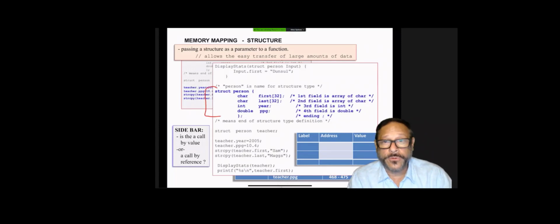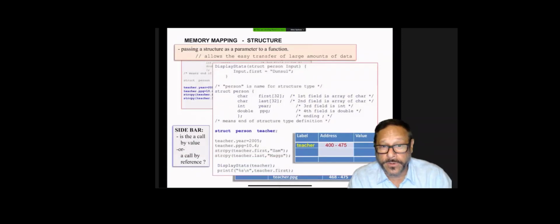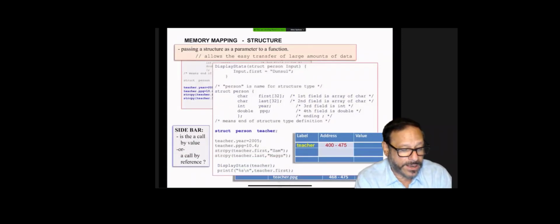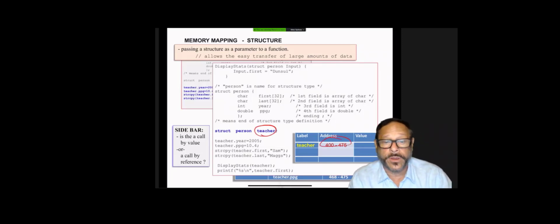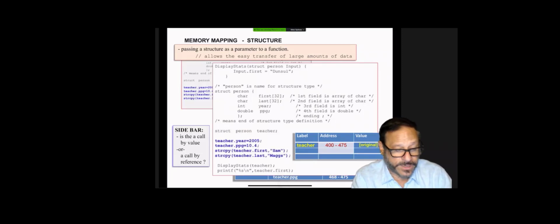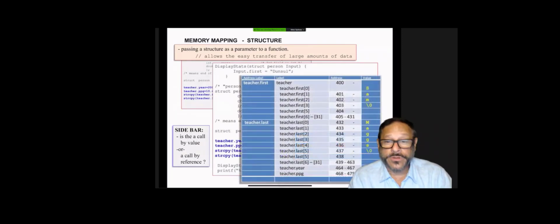Again, all this is doing is putting aside the definition, but it's not actually putting aside space in memory. It comes to this line, and now I'm doing the variable declaration. I'm declaring it teacher, and so it finds the 76 bytes in memory. It populates it with all of this information, and there's our Sam Mags. All of this is at memory location 400 to 475.